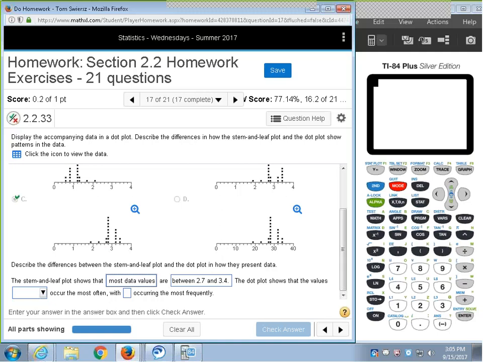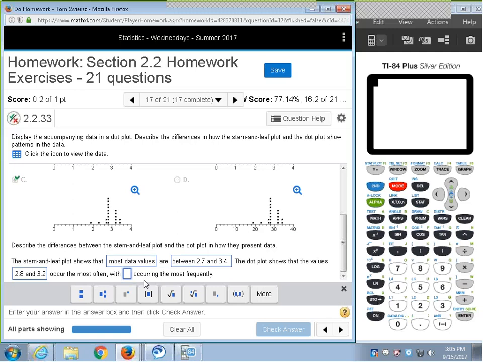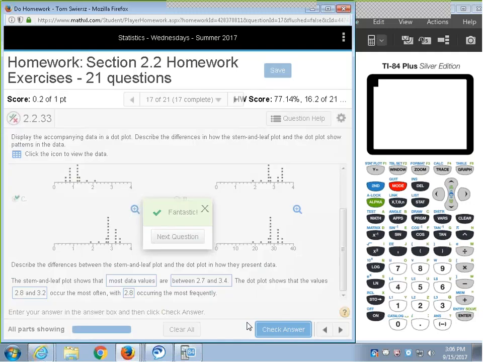So most of the values, the dot plot shows the values 2.8 had 9 values, and 3.2 occurred 5 times. So those are the ones that occur most often. The value of 2.8 occurred most frequently. That was 9 times. Okay, very good.